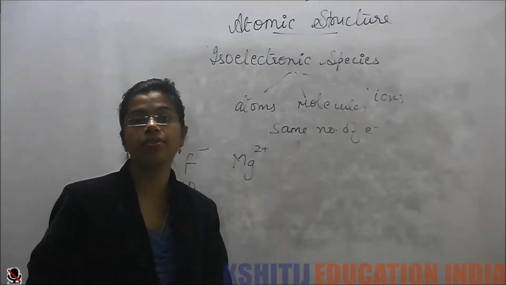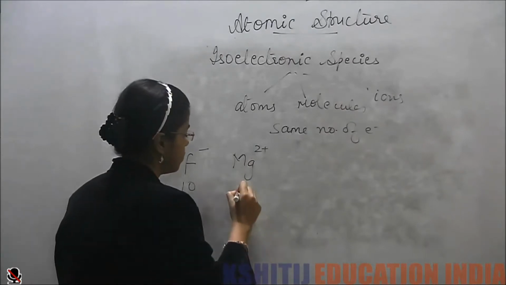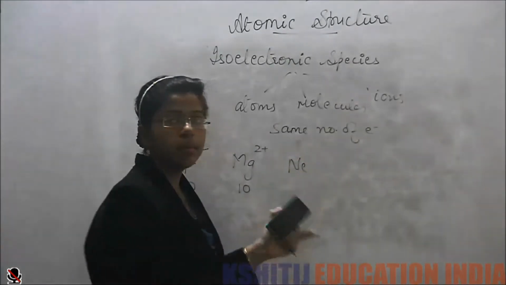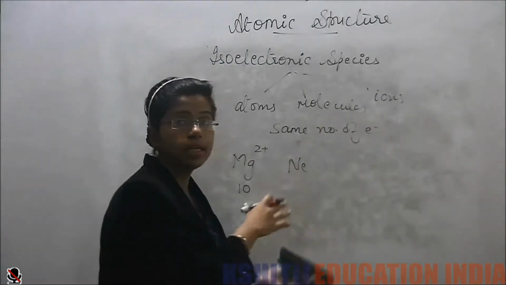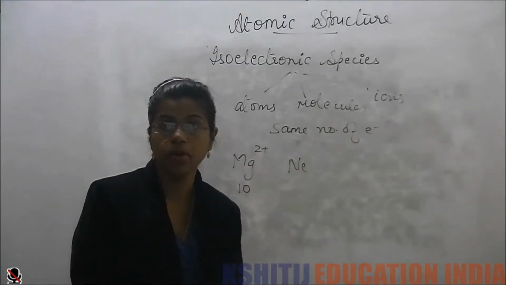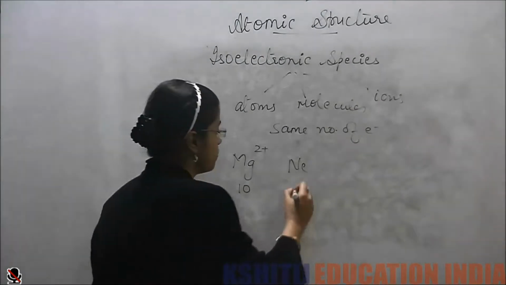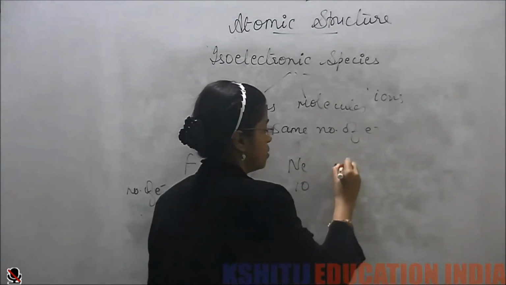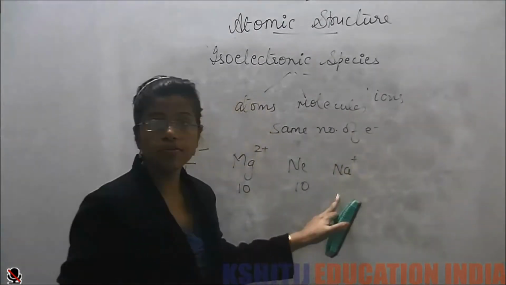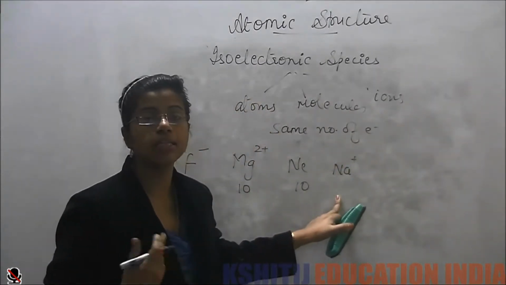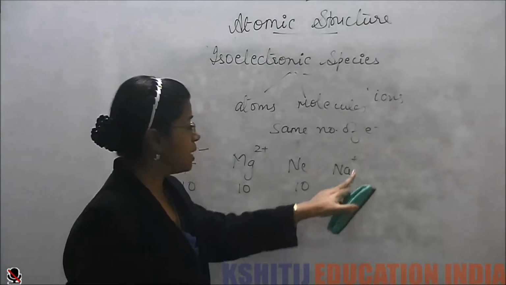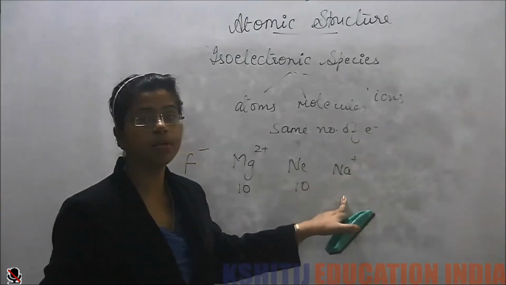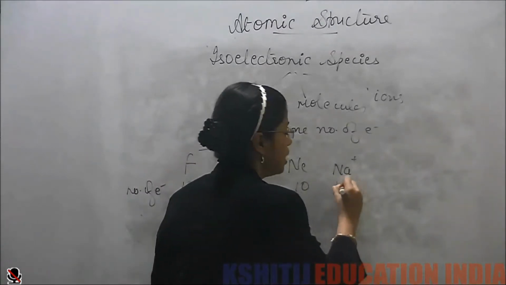That means left electrons again 10. Neon, atomic number is 10 only, so it has 10 electrons only because it is a neutral species. Then sodium ion, number of electrons in the sodium atom is 11. Plus 1 charge means 1 electron is lost. That means total number of electrons here is 10 again.